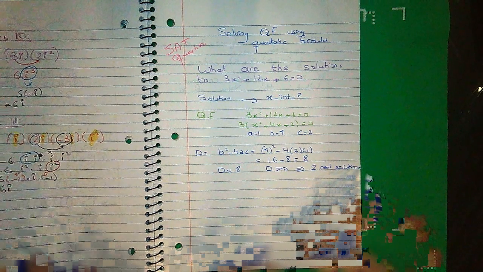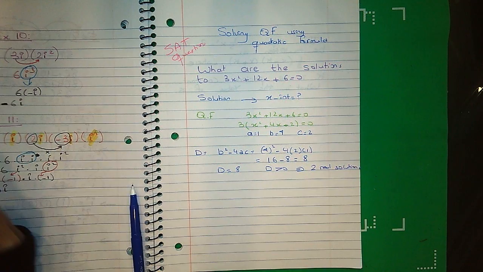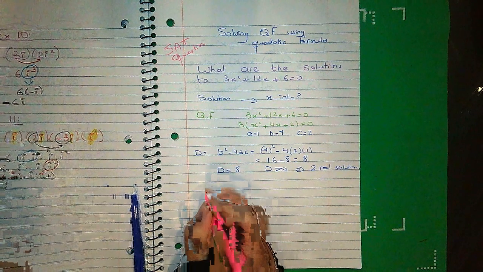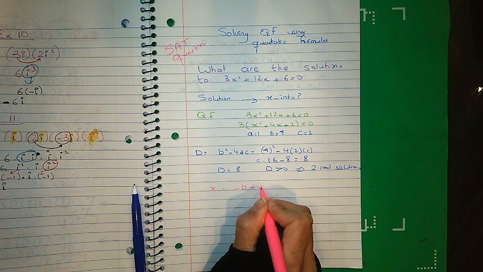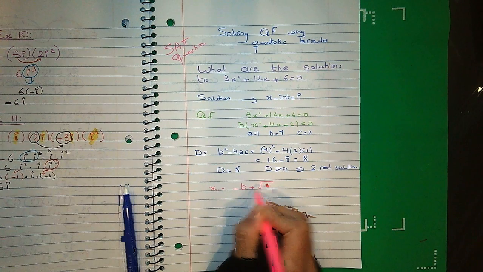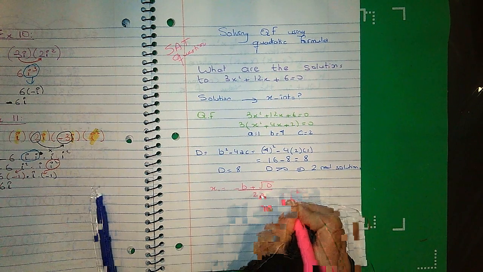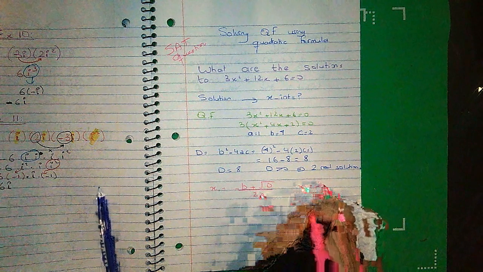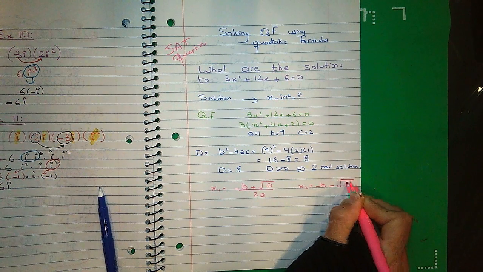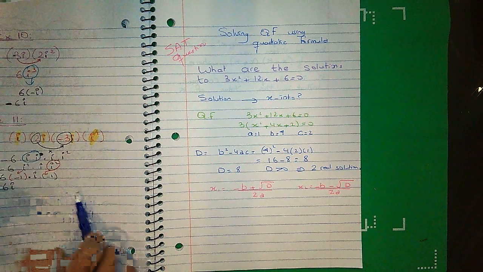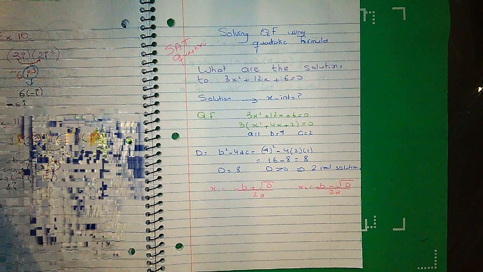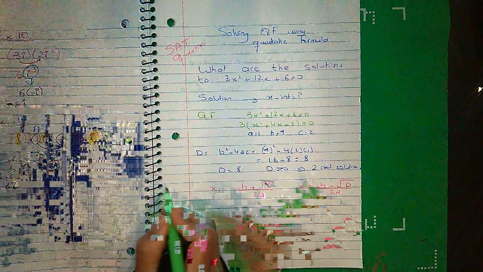How do we find the solutions? We're going to do x1 is negative b plus the square root of d over 2a, and x2 is negative b minus the square root of d over 2a. Now, I'd like you to always do the square root of the discriminant on the margin, which is the square root of 8.